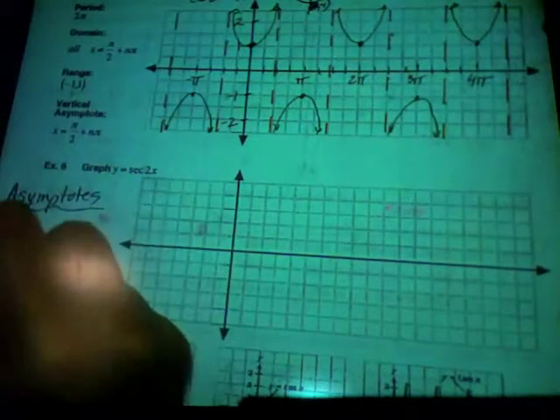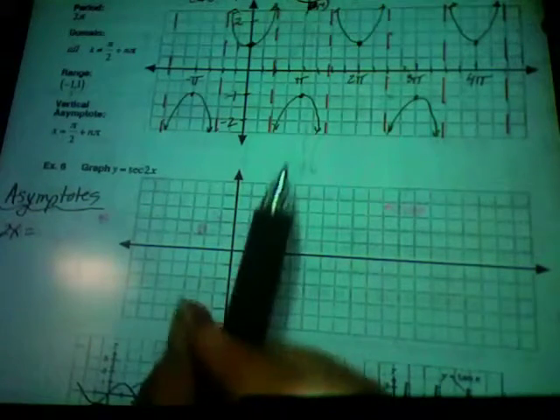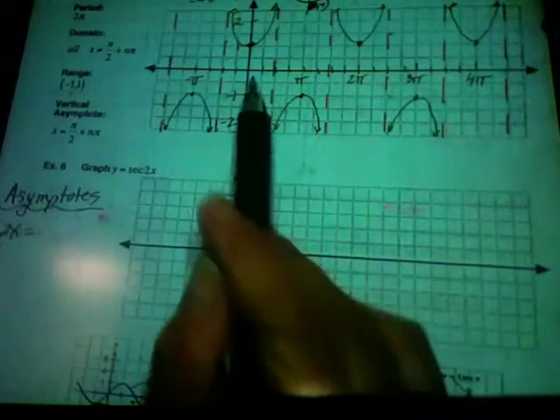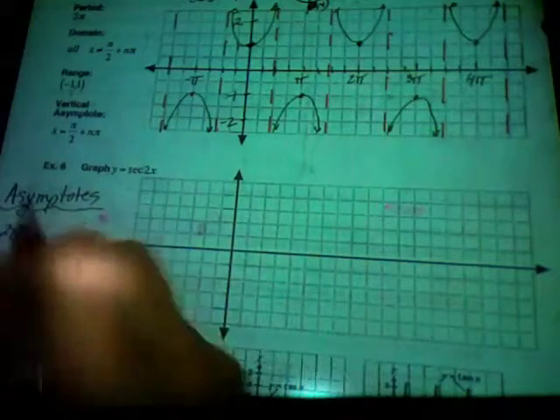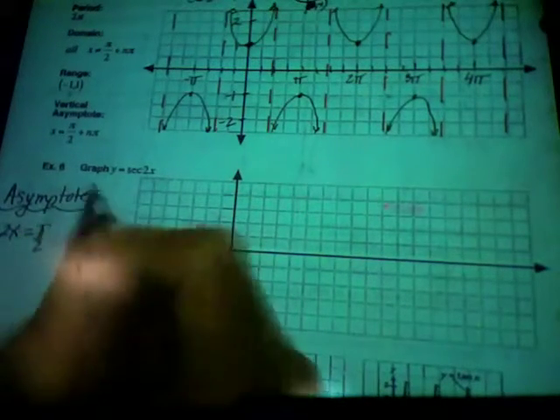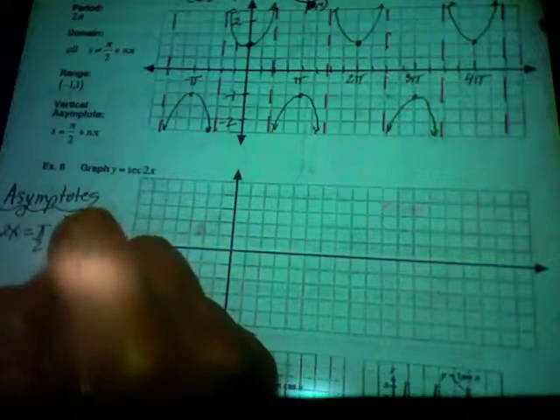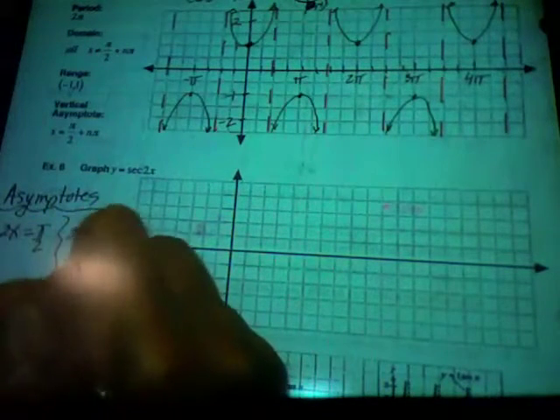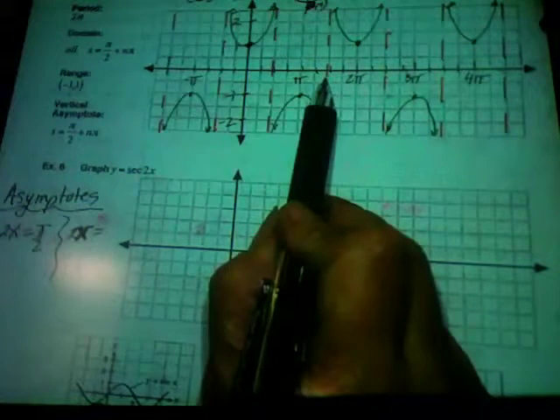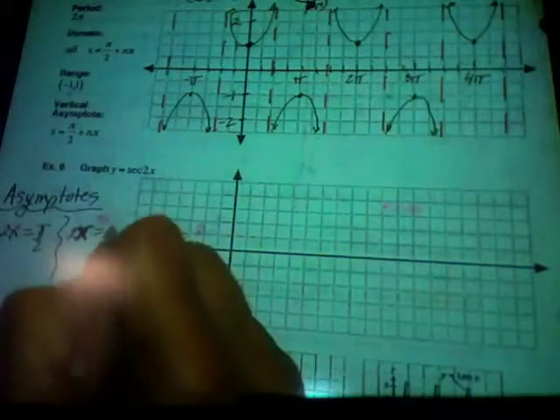You're going to take that 2x and set it equal to your first asymptote, pi over 2. Then set 2x equal to your ending asymptote, 3 pi over 2.